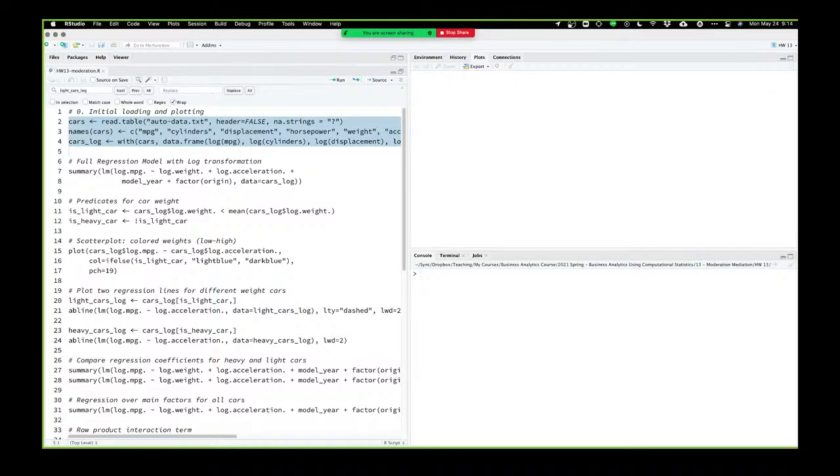So you might also say that the weights themselves may have this kind of non-linear relationship with miles per gallon. So taking the log makes it more linear, and then somehow taking the mean is giving you something that's closer to the mean of the regression itself. So I think that's also quite defensible.